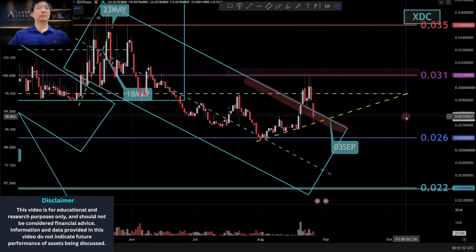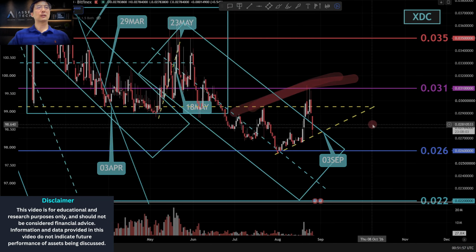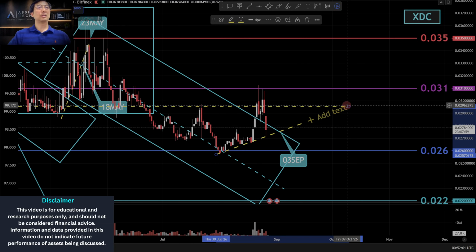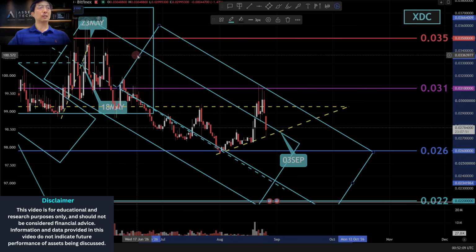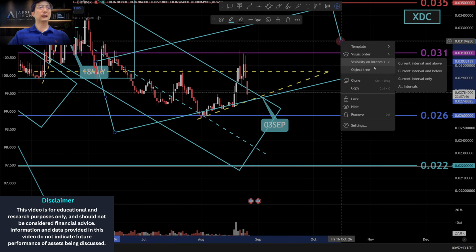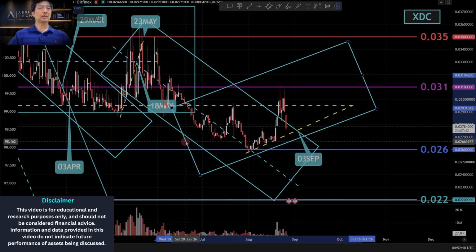The trend itself, we can definitely draw a box over here, or another channel over here. But as of now, we're using this yellow dash line to trace instead. Because otherwise, if I draw it over here, that's totally fine. That's already formed. But it doesn't add additional indication.